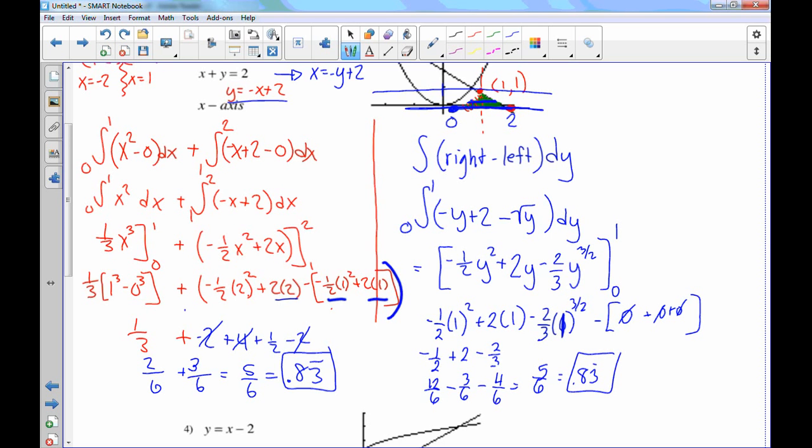Okay, so just note to make sure we know what we did. If we're just integrating with respect to y, two things to make sure you're careful of. Everything should be in terms of y.